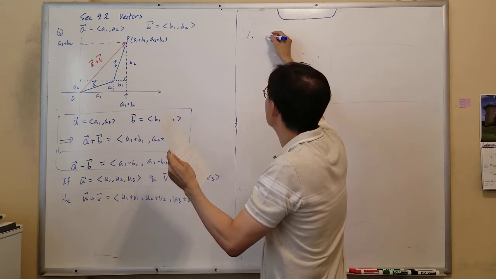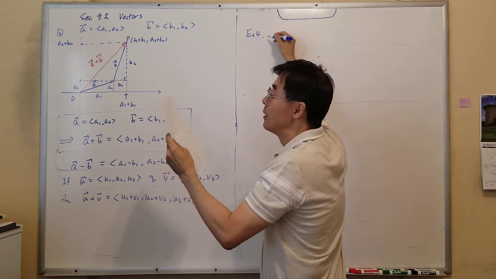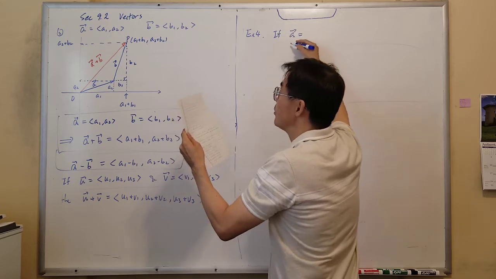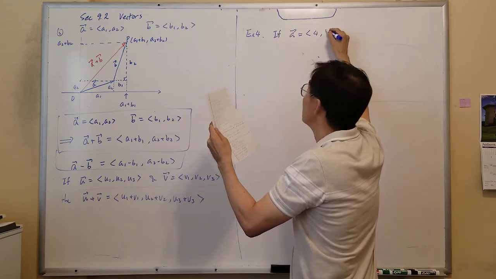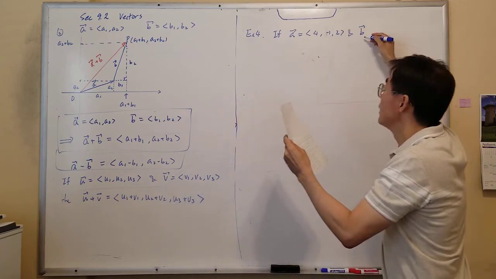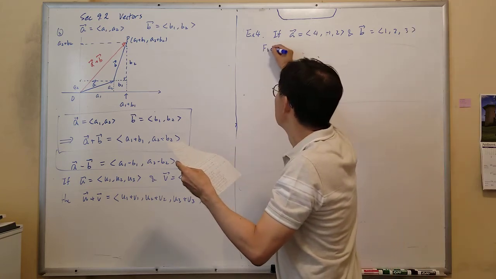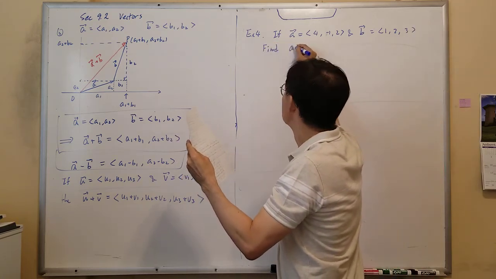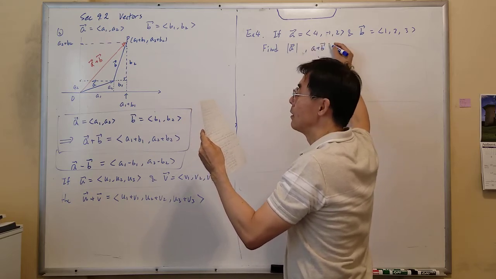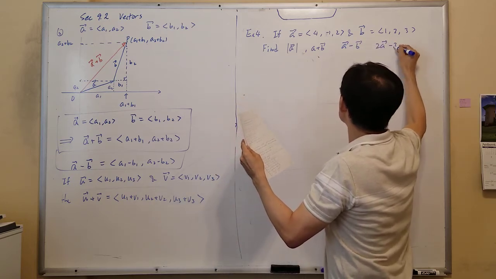So this is, let's say, example 4. If vector A equals (4, -1, 2), and vector B is (1, 2, 3). Find the magnitude of A plus B, A minus B, and 2A minus 3B.